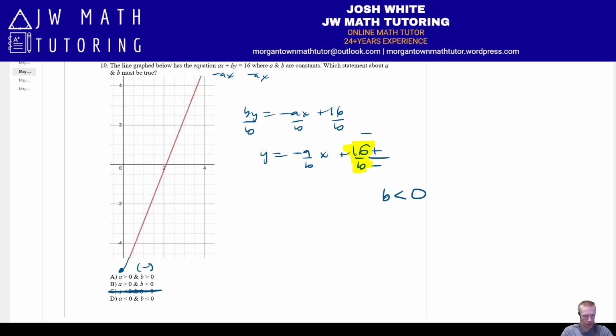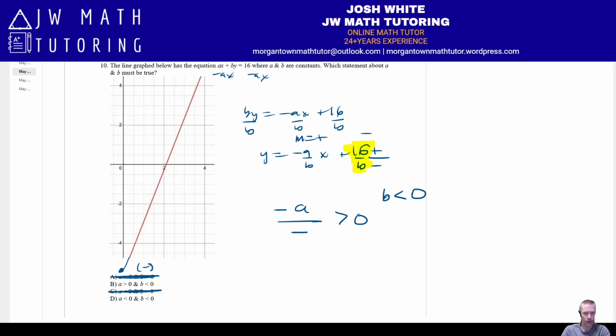So it looks like we can cross this out and we can cross this out, right? So now the question is, what about a? Well, this line overall has a positive slope. So therefore, negative a over b must be greater than 0. Okay, let's just work solely with the signs now. We know b is negative.